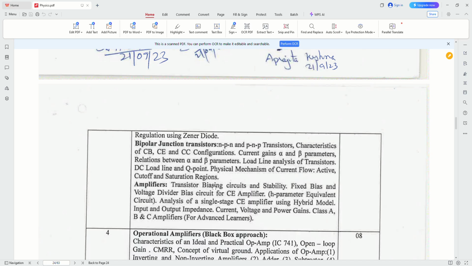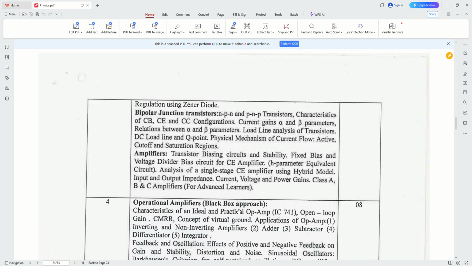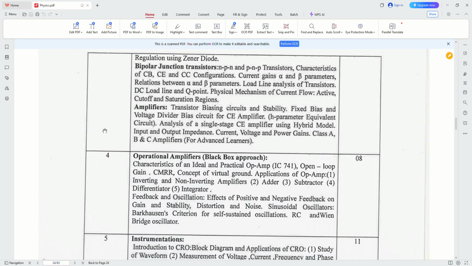And amplifier biasing circuits and stability, fixed bias and voltage divider bias circuit of common emitter amplifier, h-parameter equivalent, input and output impedance and current, voltage and power gains, class A, B and C amplifiers for advanced learners.